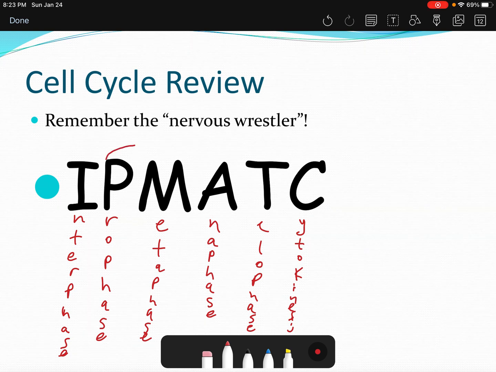Remember, these four phases right here are mitosis. Okay? So if you can never remember all the stages of the cell cycle, you just have to remember the nervous wrestler. I, P, Matt, C.